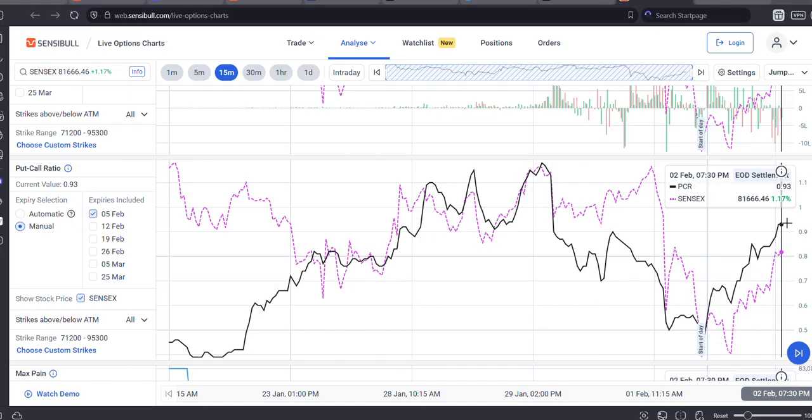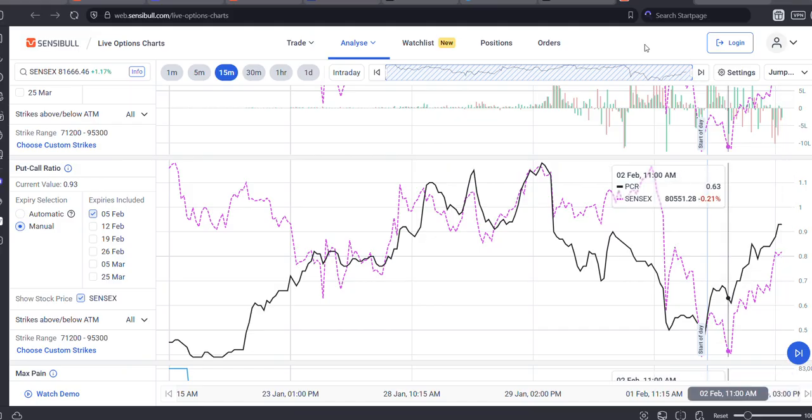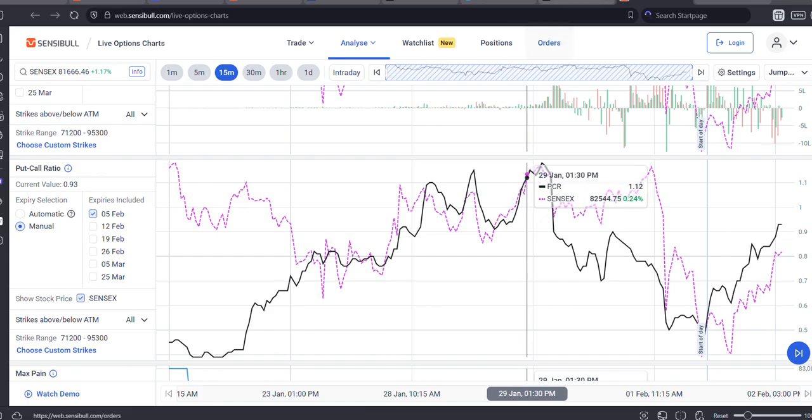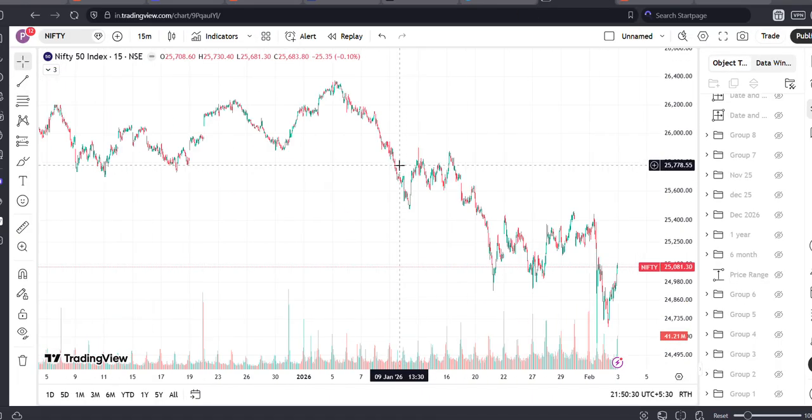In the same way, whenever the market is below 0.5, look for a reversal of around 500 points, because till date the reversals we have seen were only about 500 points. So you look for a reversal of around 500 points; that was the major aim.